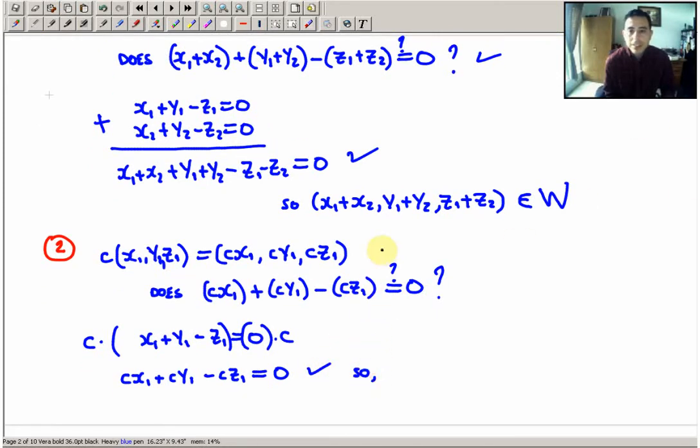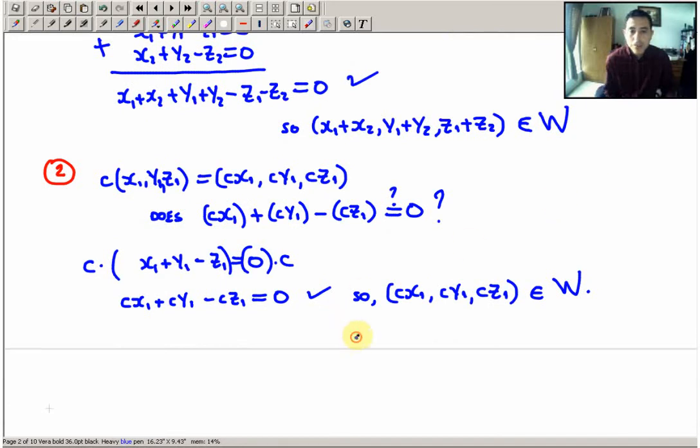So this vector here is in W. The conclusion is W is a subspace of R3.